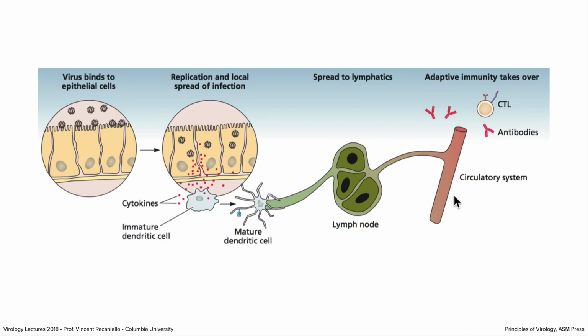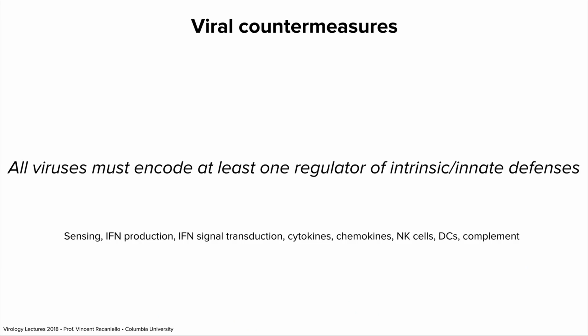And that is going to be the topic of next lecture, where we consider what happens after the innate immune response. And don't forget, all viruses must encode at least one regulator of everything we've talked about today, intrinsic and innate defenses.